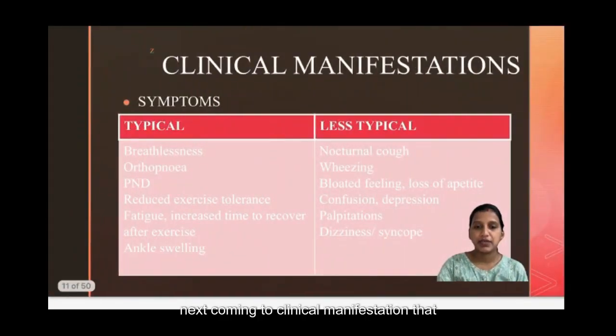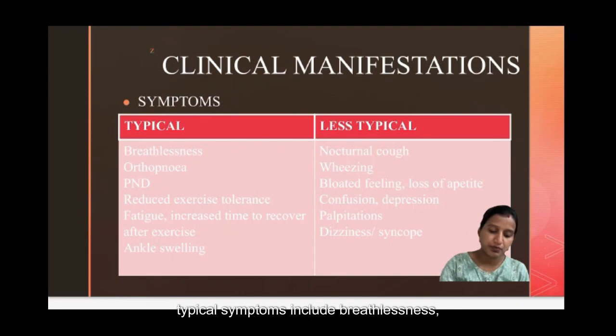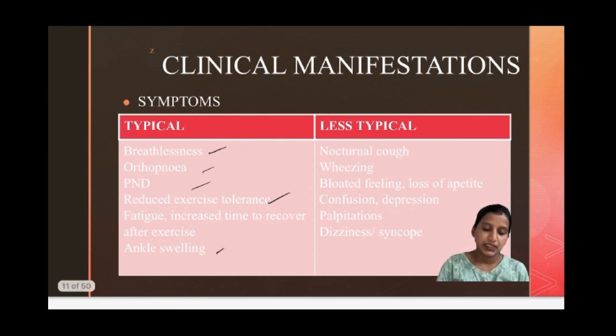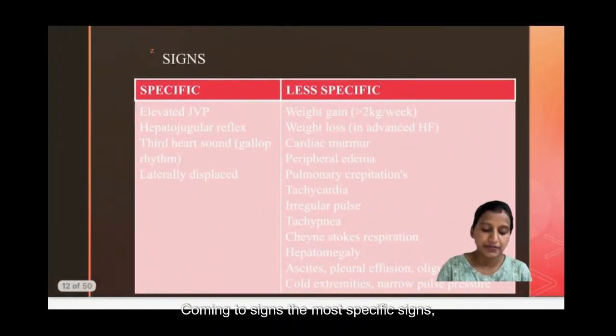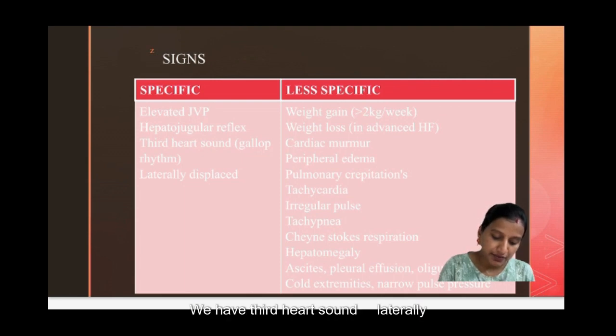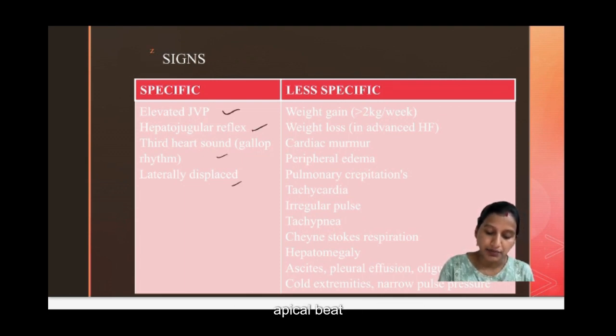Next, coming to clinical manifestation, the typical symptoms include breathlessness, orthopnea, PND, reduced exercise tolerance, fatigue, and ankle swelling. The less common symptoms are basically cough, dizziness, syncope, confusion, bloated feeling, and wheezing. Coming to signs, the most specific signs which we see are elevated JVP, hepatojugular reflex, third heart sound, and laterally displaced apical beat.